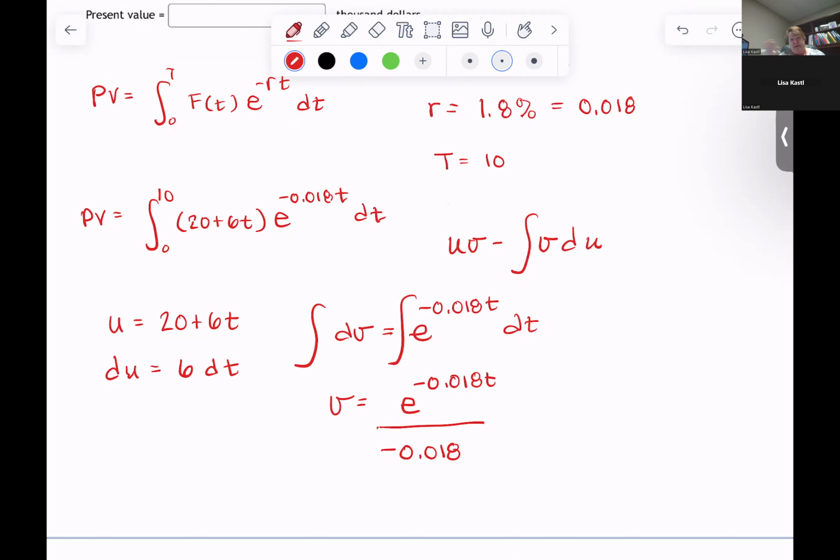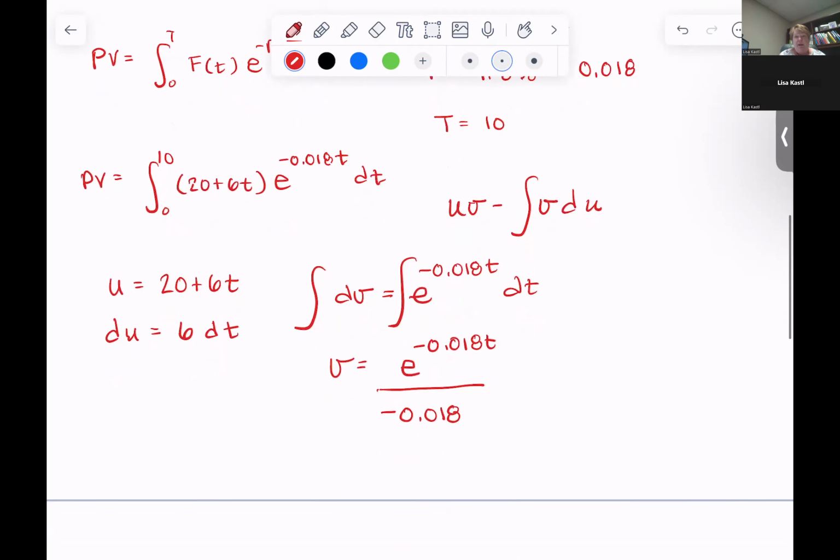So I have to divide by it to get the integral. I'm going to go ahead and divide this out. So this is 1 over negative 0.018 times e to the minus 0.018t. I take my handy dandy calculator out, and this is going to be negative 55.5556 e to the minus 0.018t. I'm going to carry it out to 4 decimal places so that I can mitigate the round off error I'm going to have.